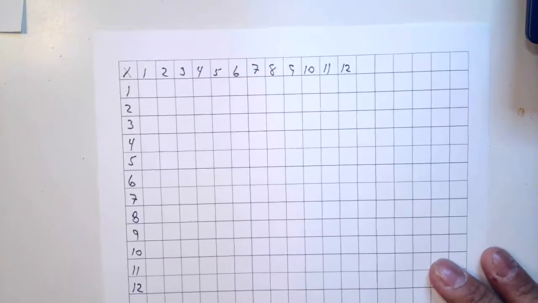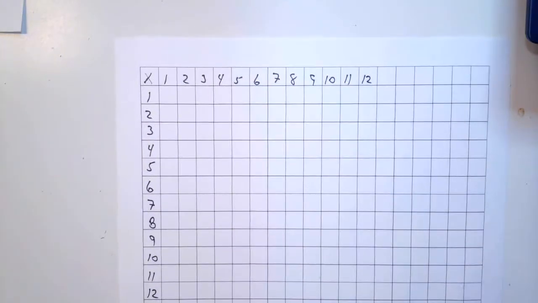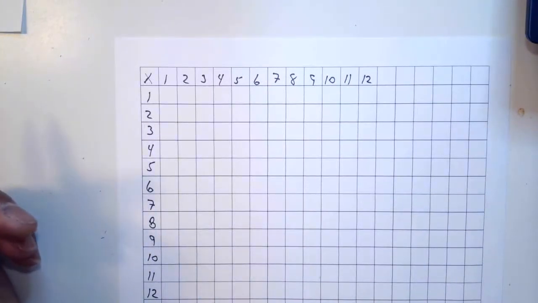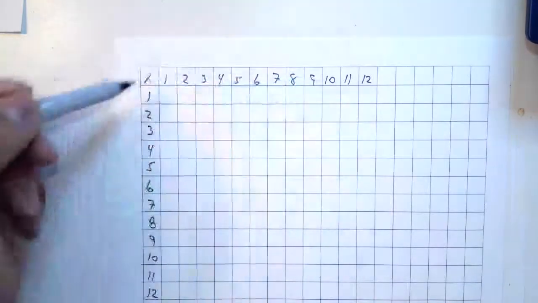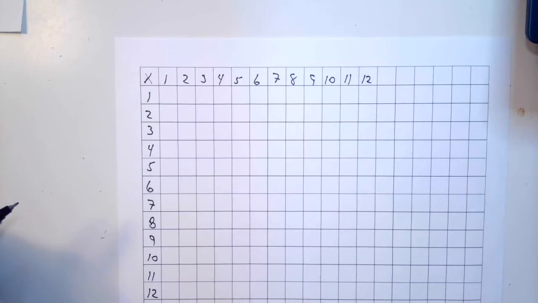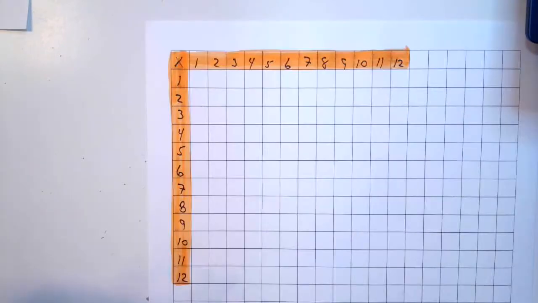Now, once we finish that, what we're going to do next is highlight, so we don't get these numbers confused with the work that we are doing. So let's highlight. Now that we've highlighted, we're ready to begin filling out our multiplication chart.